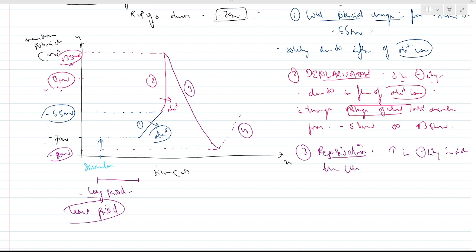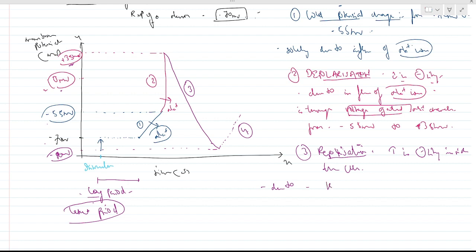Why is this so in repolarization? Remember, it is due to an increase in inside negativity. So obviously a positive ion will be removed or a negative ion will enter. Remember, repolarization is a universal process.